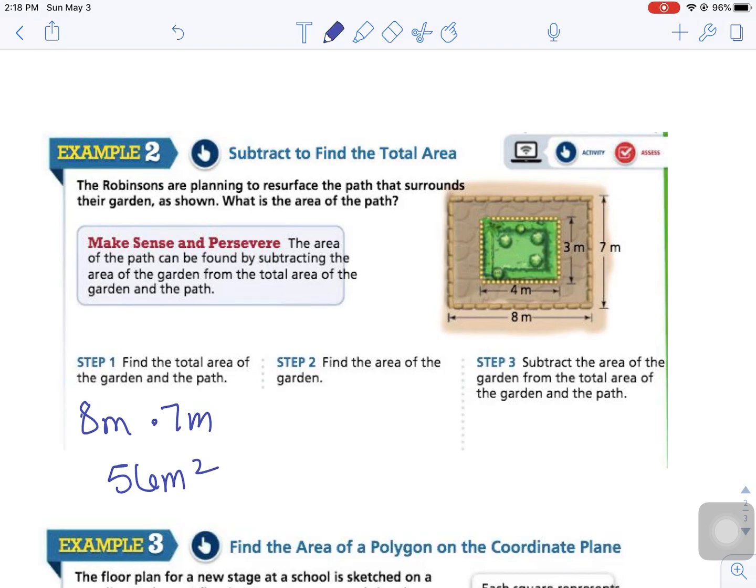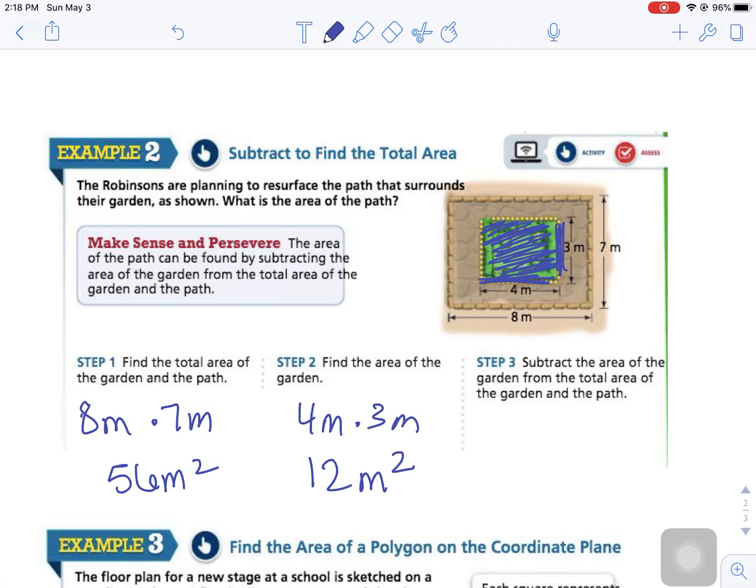So now we want to find the area of just this garden right here so that we can end up subtracting it, getting rid of it, just to find the path. So now we have 4 and 3. So we have 4 meters times 3 meters, which we know is going to be 12 meters squared. So now this garden is 12 meters squared.